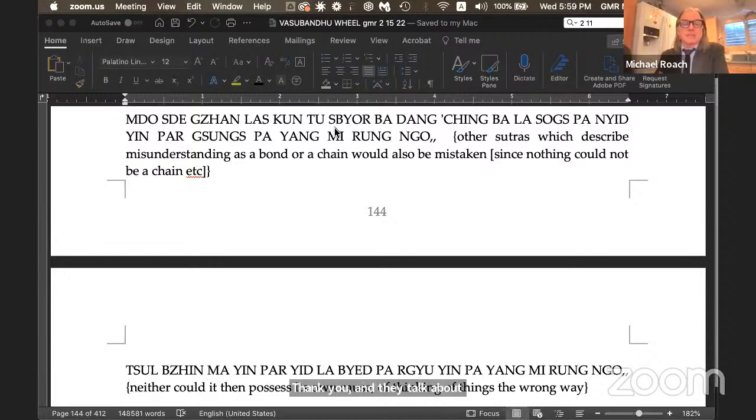Something which glues you to suffering. It totally glues you to suffering. It brings you to suffering and it locks you there. And it's also called, in some sutras, Echingwa, which means shackles or chains.